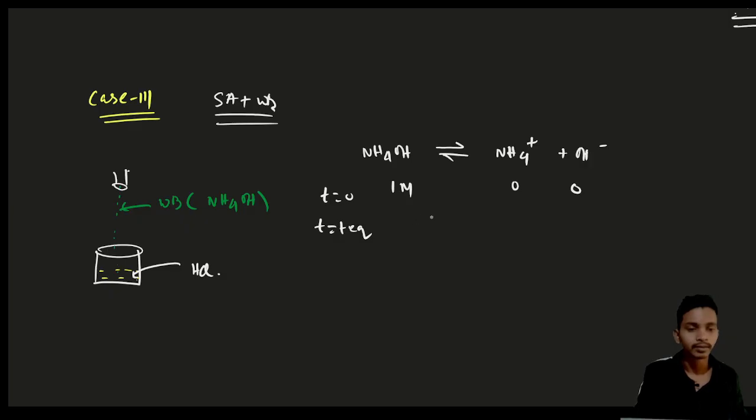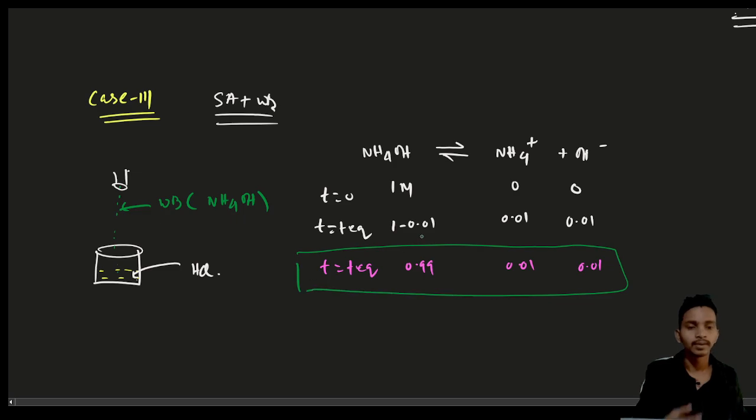Let's say 0.01 dissociates, so this is 1 minus 0.01, nearly 0.99, and this is 0.01, and this is also 0.01. So this is present in the solution.